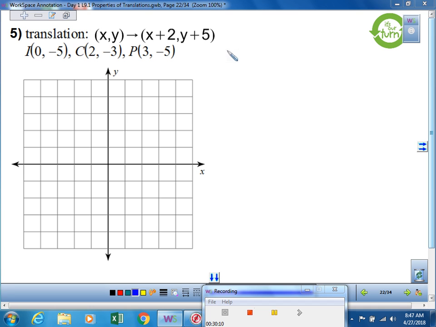So these are the ordered pairs for the pre-image. So this should be what your pre-image looks like.